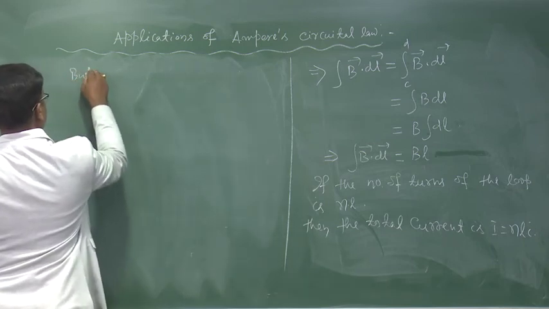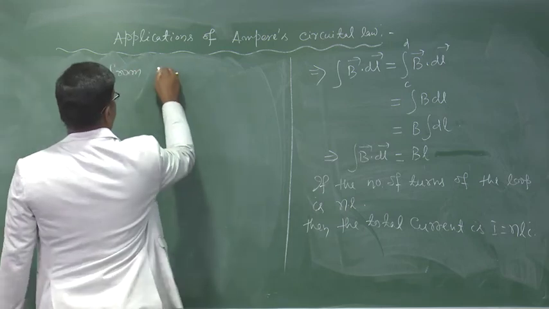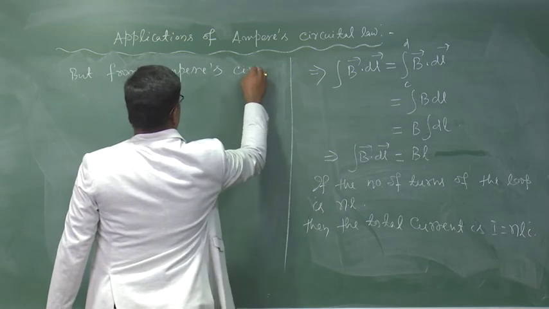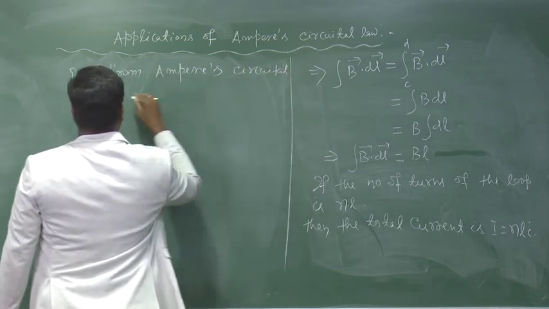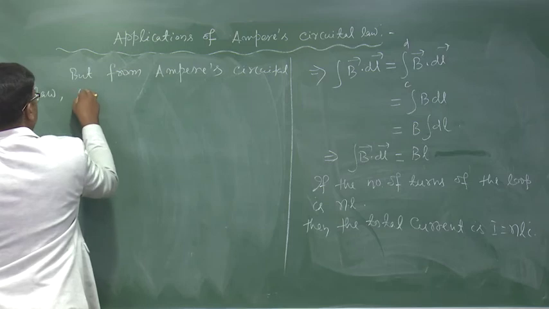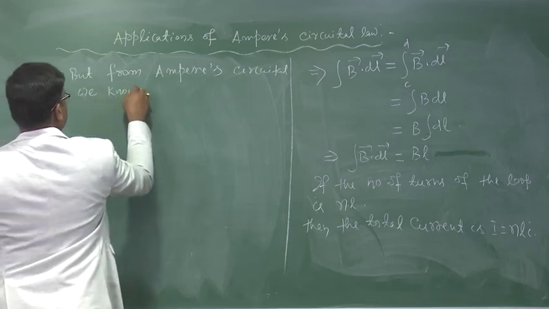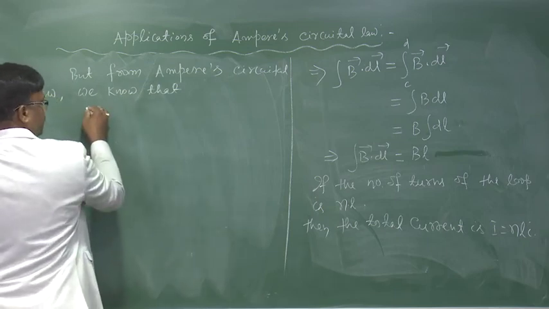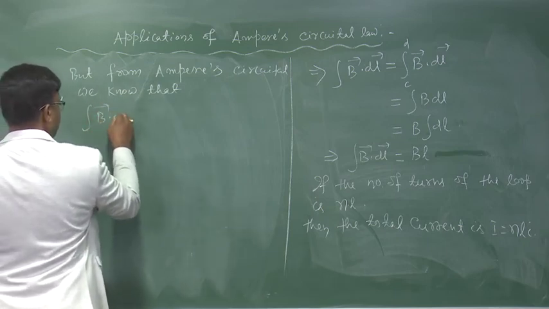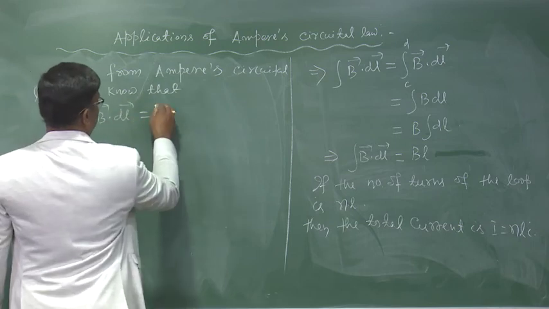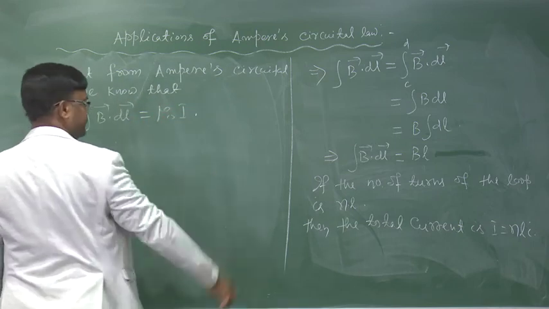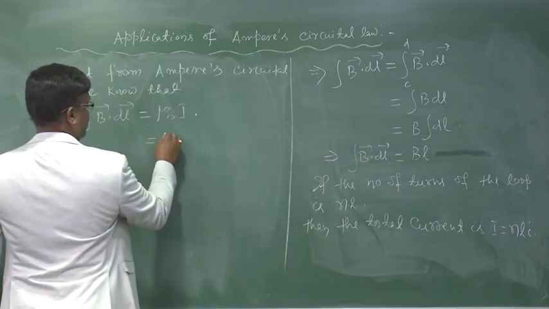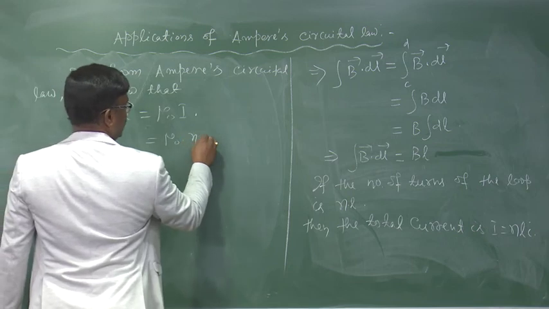But from Ampere's circuital law, we know that integration B vector dot dl vector is equal to mu 0 I, and putting the value of I from here, we can write mu 0 nLI.